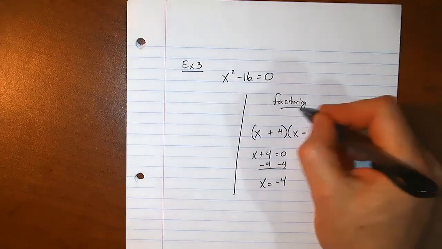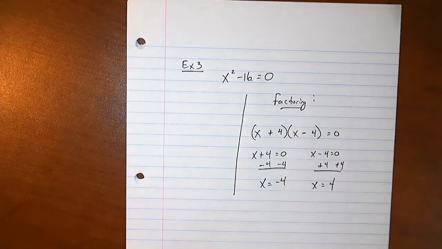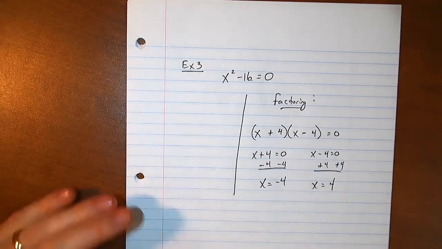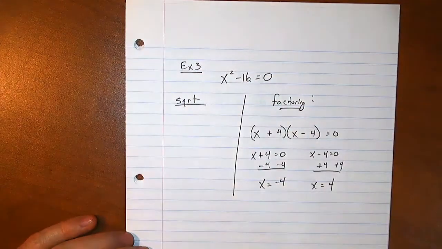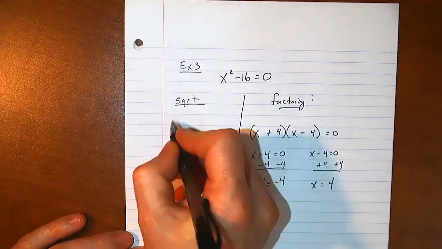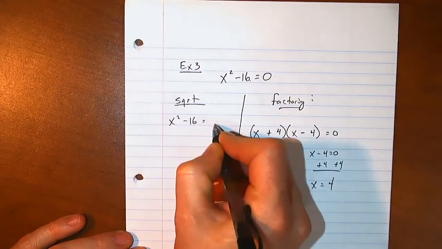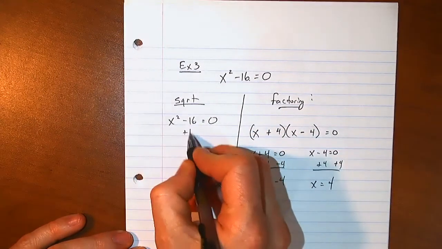Okay, and that's one way to do that, and that's a perfectly valid way to do it. It's a great way to do it. Okay, it's the way that I would expect probably most of us to do it, just because we're talking about factoring right now. But this is also a problem where you could use a square root if you wanted to. If I add 16 to both sides, this could be another option.